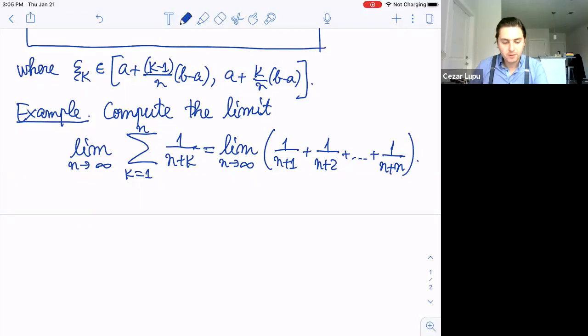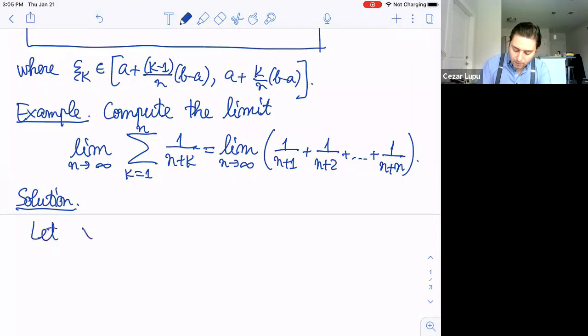So that's what we have to compute. So let's denote this sequence by xn. So this would be n plus k.